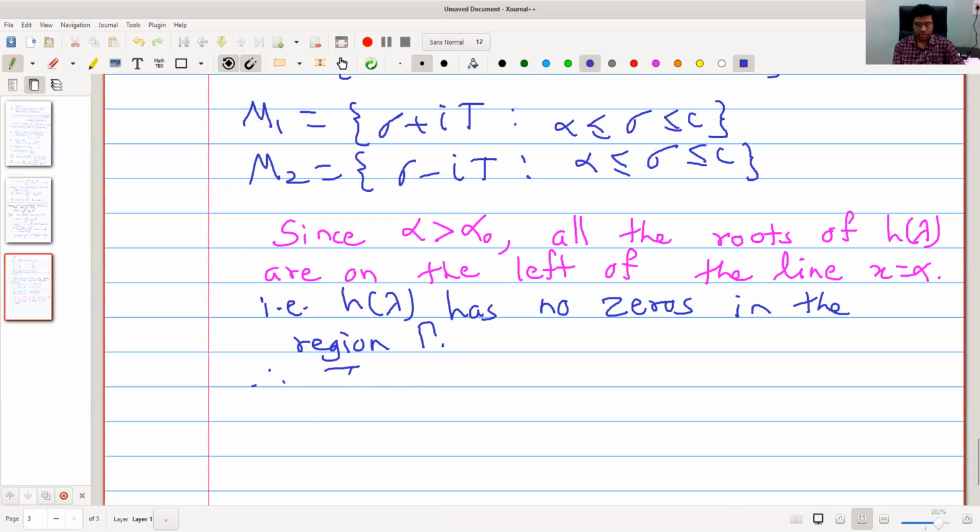Therefore, the function e raised to lambda t into 1 upon h of lambda is analytic in gamma.